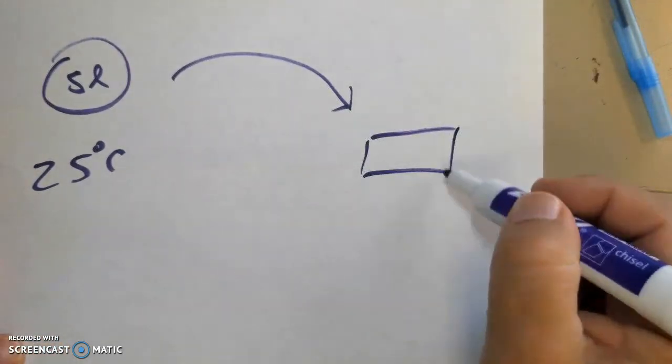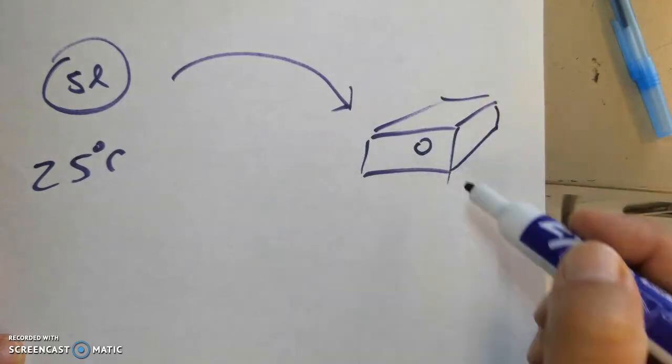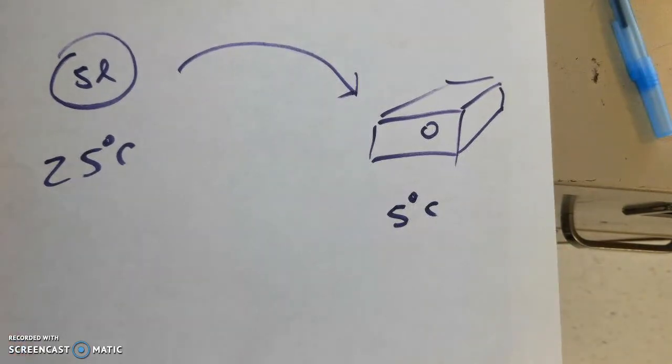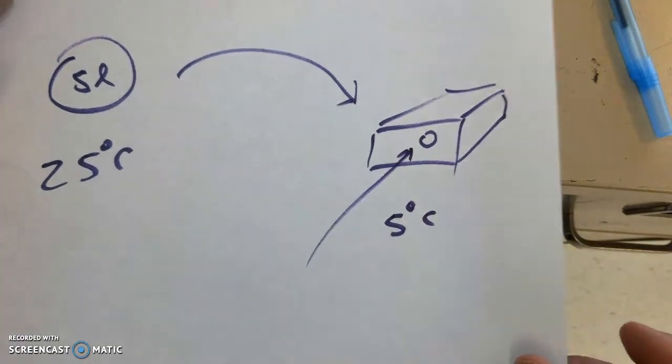Okay, if you're doing your math correctly, it's going to get smaller. 5 degrees Celsius. Okay, so I want to know how much smaller. So that's your Charles' law problem. Go back and review Charles' law. I gave you some examples earlier in the unit.